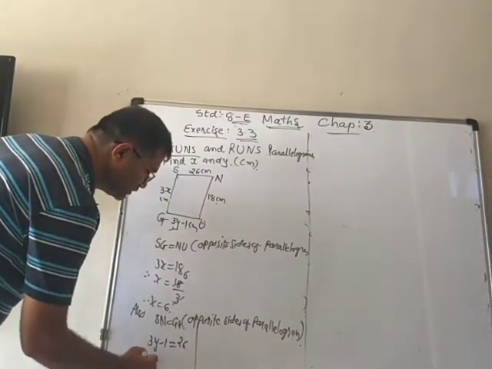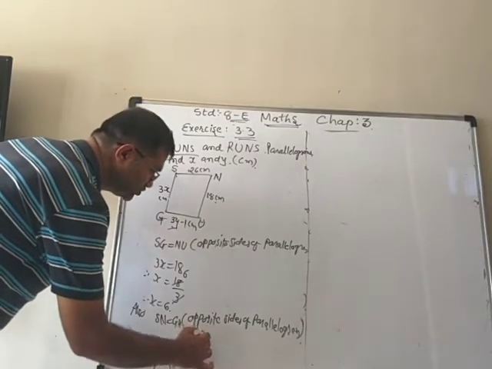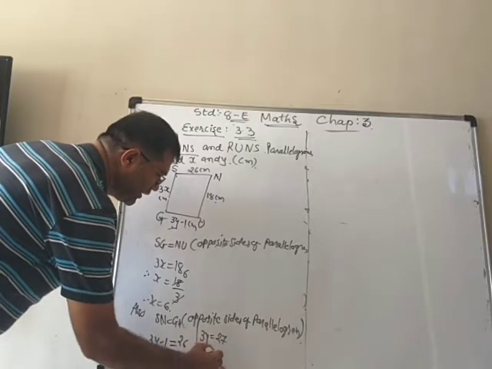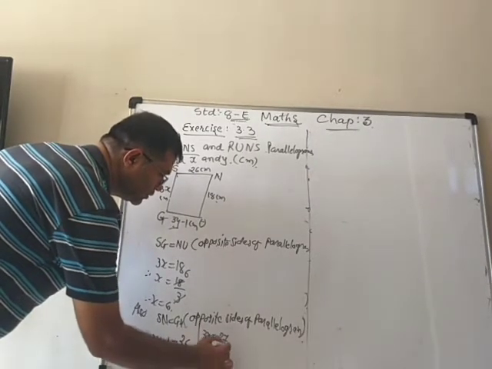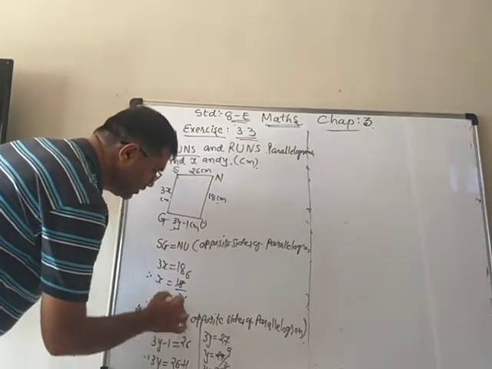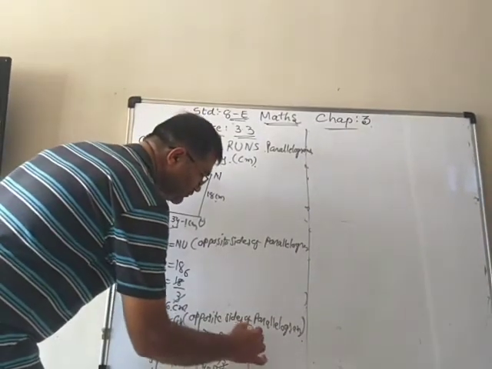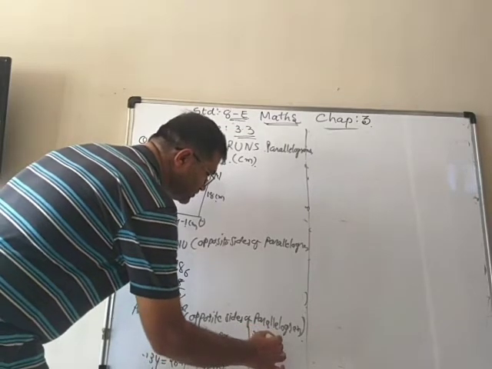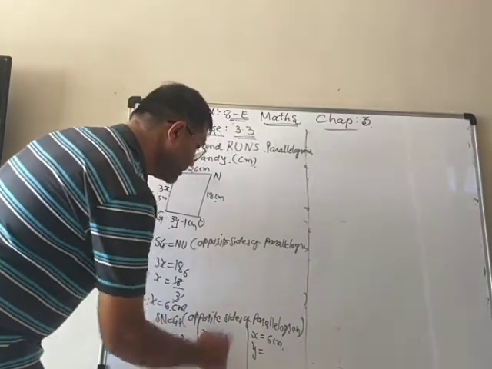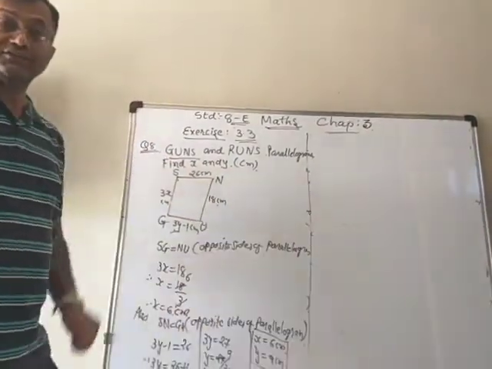So we get 3y is equal to 26 plus 1. So 3y is equal to 27. Y is equal to 9 centimeter. Here also x is equal to 6 centimeter. So we can write down the values. X is equal to 6 centimeter and y is equal to 9 centimeter. That is our final answer.